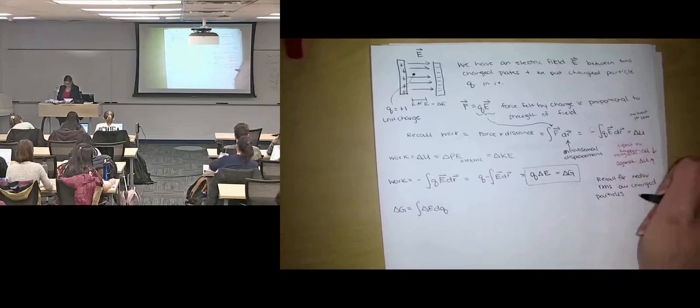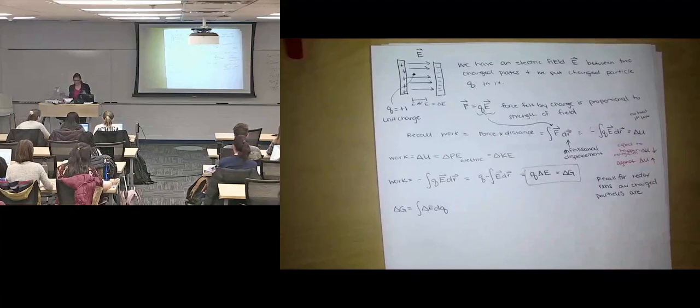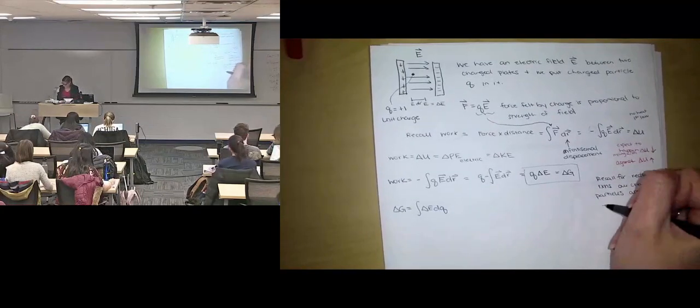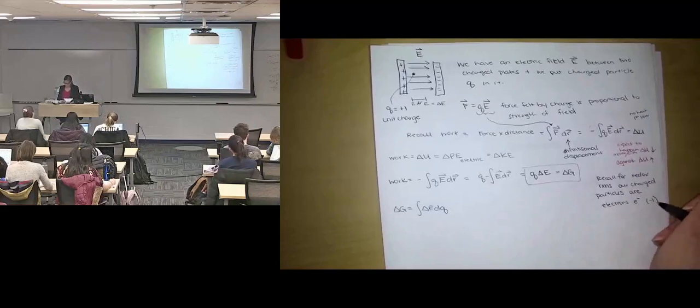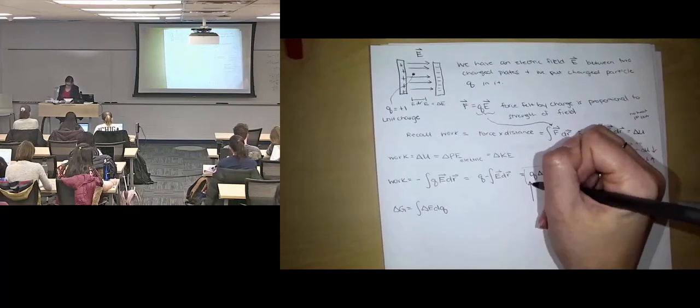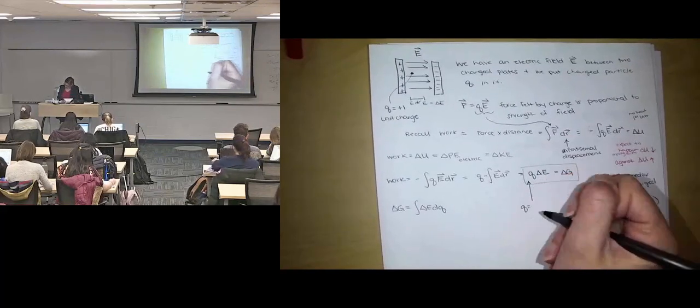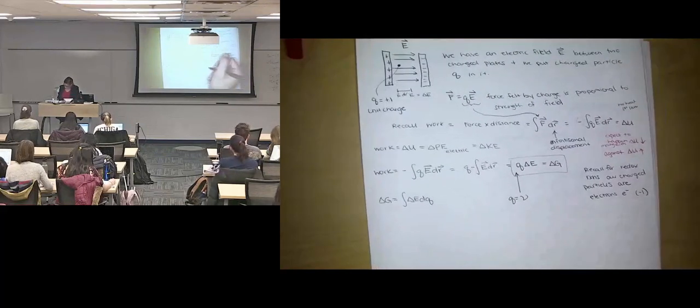More loudly. The charged particles are electrons, okay? So they have a charge of -1. Here I'm letting charge be equal to lowercase nu times F, where F is Faraday's constant.